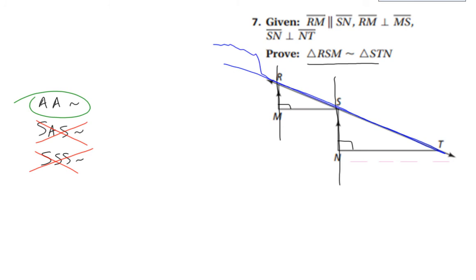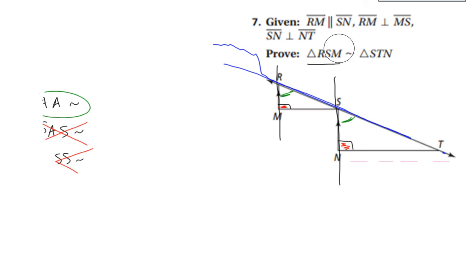If you take a look at the angles formed by the two parallel lines, namely MR and NS, you'll notice that there are two angles that are called corresponding angles, and corresponding angles are equal when two parallel lines are cut by a transversal. What else do I know? I also know that I have these two right angles that are congruent to each other. We know all right angles are congruent to each other. So that's how I'm going to use the angle-angle similarity postulate.